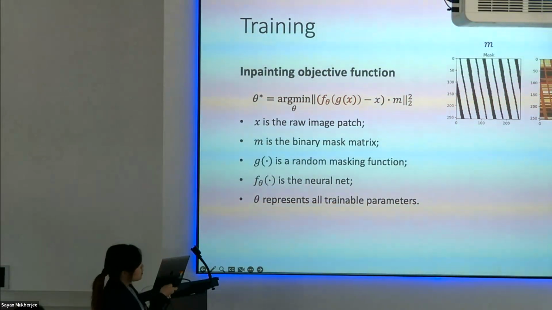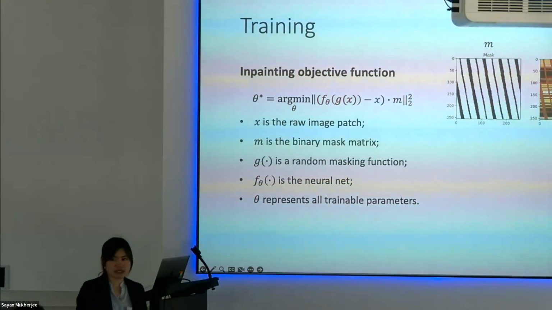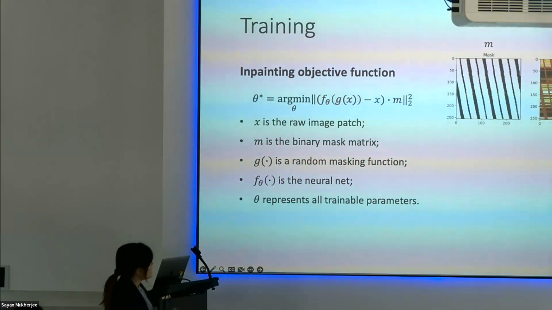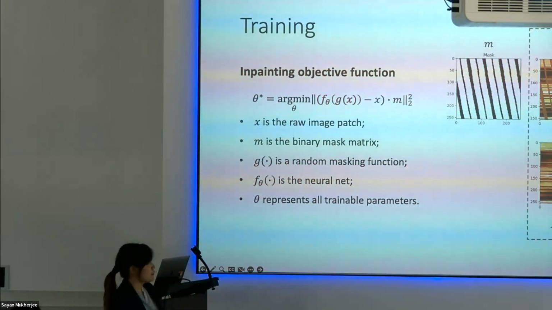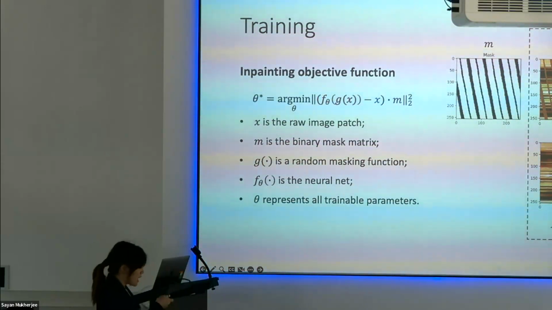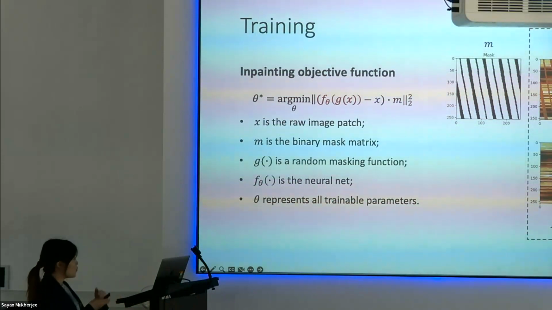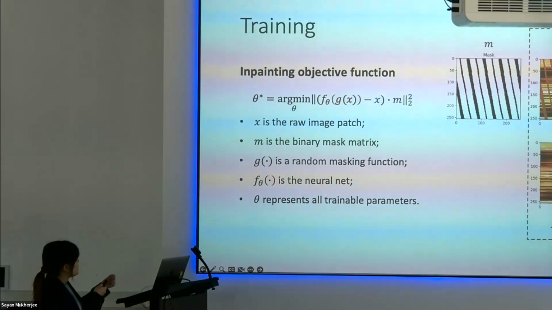So with this random masking function, we actually create artificial gaps with known answers to assist the training process. And here's the result given by the neural network. So the loss function is actually the mean squared difference between the raw and inpainted images in the known pixels. So during training, the weights of the neural network, which are marked with theta, are optimized by minimizing the reconstruction error in the known pixels.